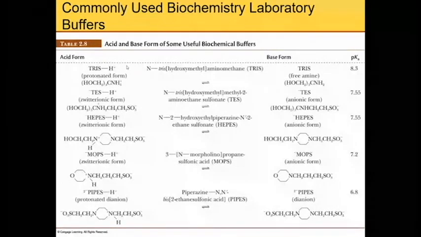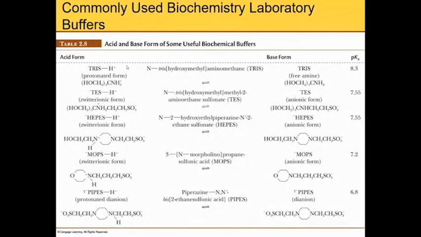And these are the commonly used buffers in the biochemistry laboratory. Like Tris, the pKa is 8.3, and TES is 7.55, HEPES 7.55, MOPS is 7.2, PIPES is 6.8. So basically you choose the buffer according to your need, all right? So that's how you choose the buffer.